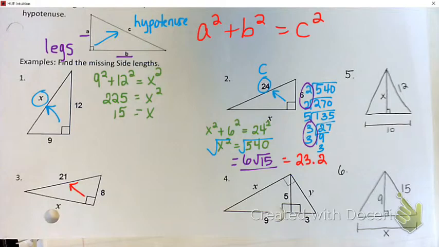On number 3, 21 is the hypotenuse because that's the part across from the 90. So there's the hypotenuse. That's the C. The other 2 things are the A and the B. So set it up and solve it.